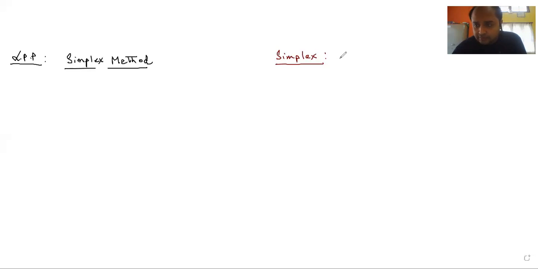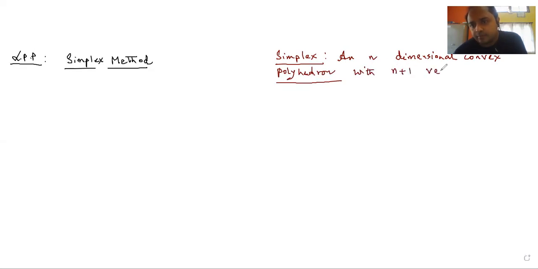Simplex is actually an n-dimensional convex polyhedron with n+1 vertices. That is the meaning of simplex, actually, mathematically.